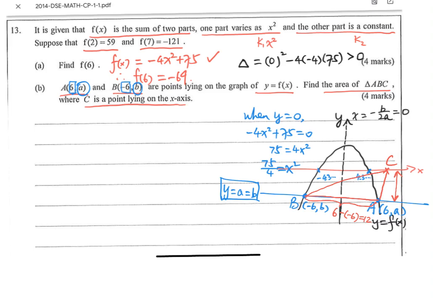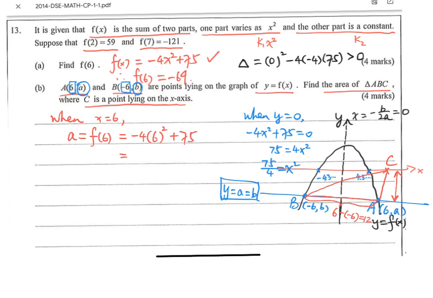Okay, so we can get the values of A and B easily because point A and point B lie on the parabola. So we can find it when x equal to 6. Let me just use 6. Okay, f(6) will equal to, which is -4 times 6 to the power 2 plus 75.